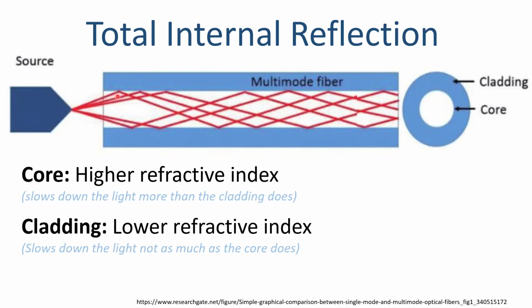How many modes? Well, infinite number of modes. We just drew some, because the light would be dispersing at different angles here. So that is something that's called a multi-mode fiber.